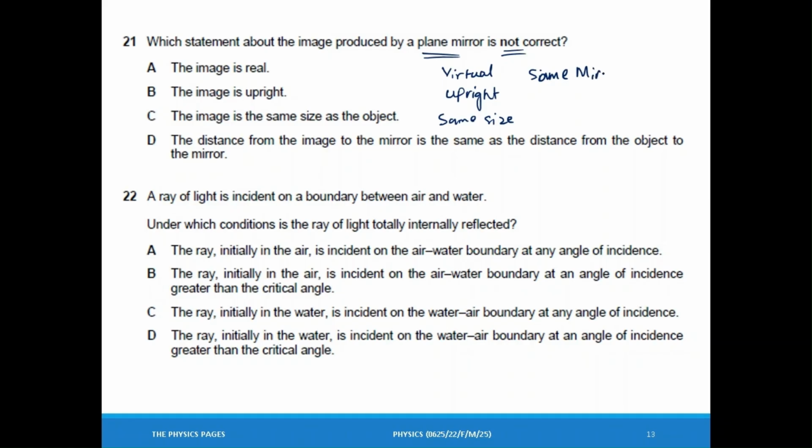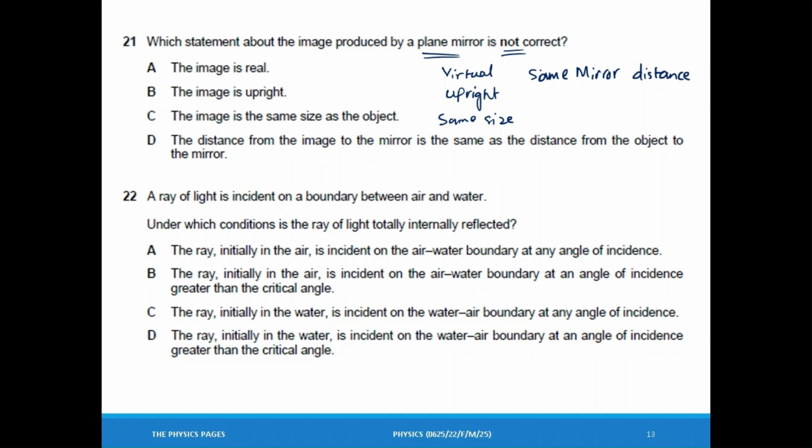If the object is 2 centimeter in front of the mirror, the image will be at the back side. We see it on the same back side. It doesn't mean that the image forms on the other side. No, we will see that our image is away from the mirror at 2 centimeter.